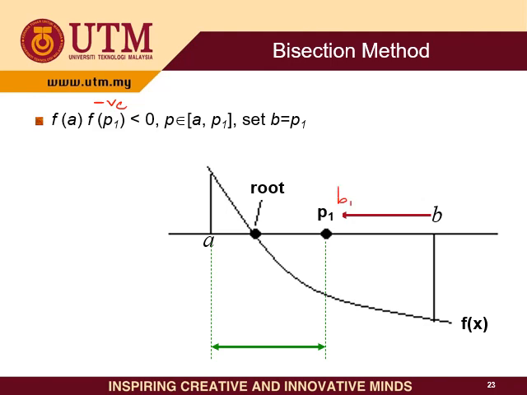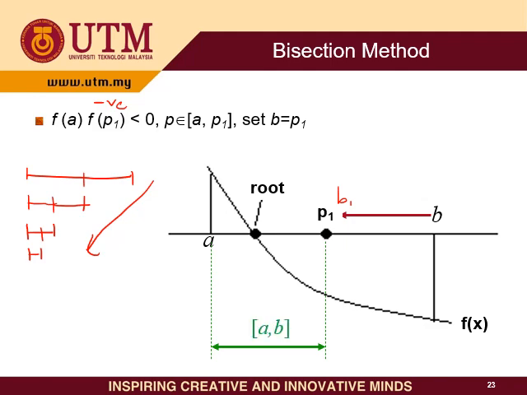And as you can see, for every iteration, the interval will be half of the previous one, and the next iteration should be smaller than the previous one, until we find the root. So this is what bisection means. We divide by half, divide by half, divide by half, until we get the root.